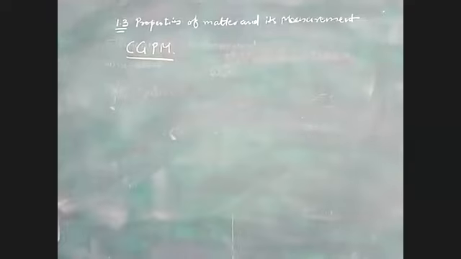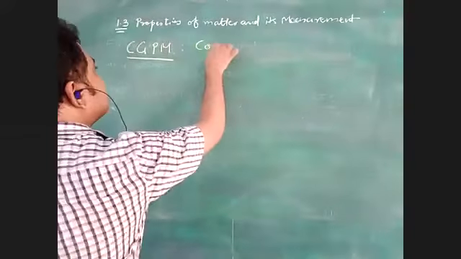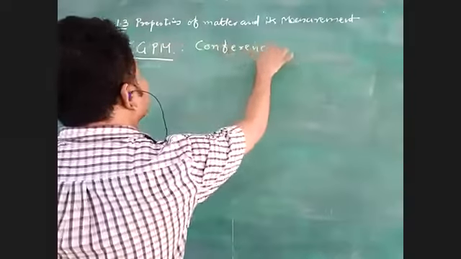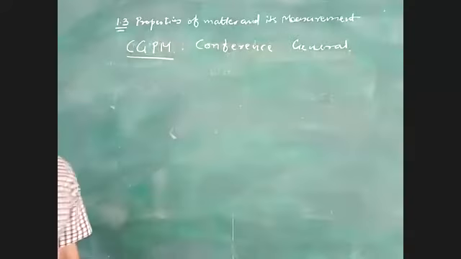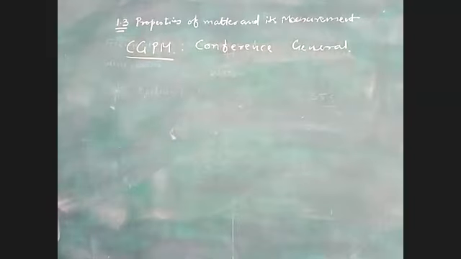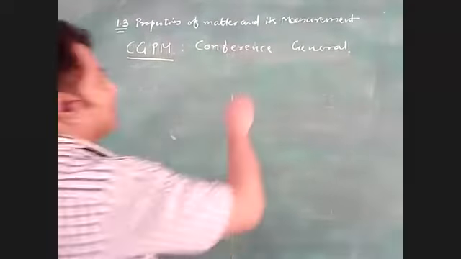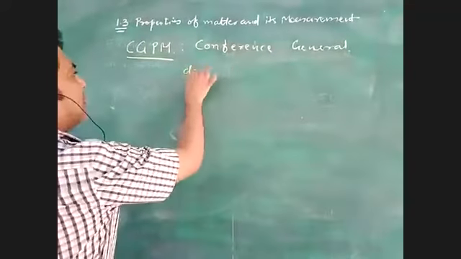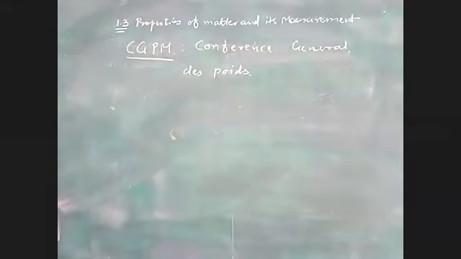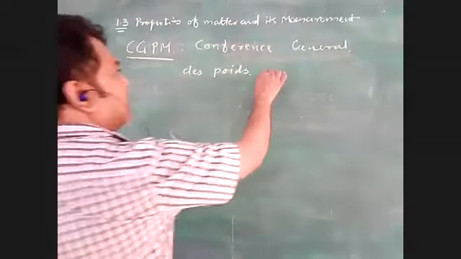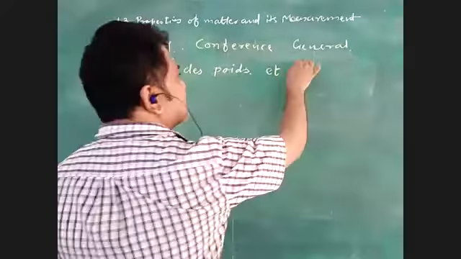So what we are going to learn today is nothing but the CGPM units. And CGPM, its full form also you have to remember. So its full form is Conference General. C means conference, G means general. ઓકે, એક જનરલ કોન્ફરન્સ થઈ છે, કોન્ફરન્સ જનરલ કોના ઉપર થઈ છે તો વેઇટ અને મેઝર પર. હવે વેઇટ ને ફ્રેન્ચ ભાષામાં કહેવામાં આવે છે પોઈન્ટ્સ, એટલે કોન્ફરન્સ જનરલ ડેશ એટલે ધ પોઈન્ટ્સ, પોઈન્ટ્સ એટલે વેઇટ, એન્ડ ધ મેઝર, એન માટે કહેવામાં આવે છે એક્ટ, અને મેઝર માટે મેઝર જ છે.